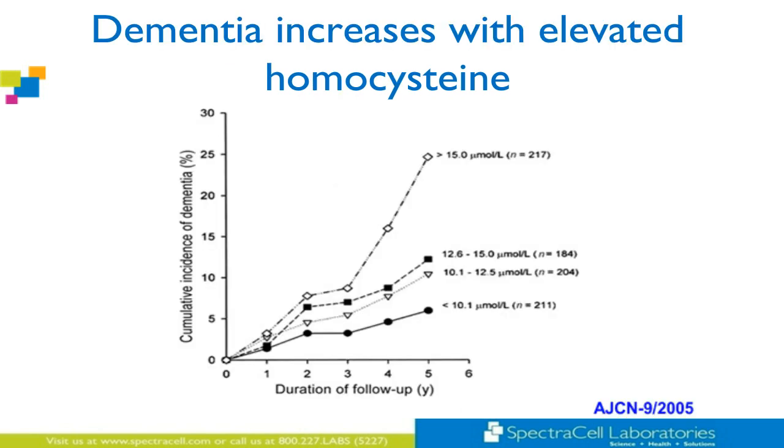This particular study, published in the American Journal of Clinical Nutrition, showed, if we look at this for just a moment, that dementia increases with elevated homocysteine. Let's take a look at the x-axis. The duration of follow-up was over 6 years, and as dementia increased, the further out in longevity an individual went, and the higher their homocysteine went, the higher their dementia went as well.